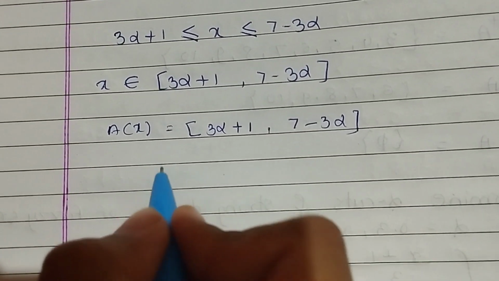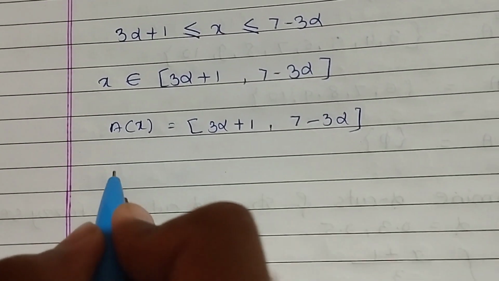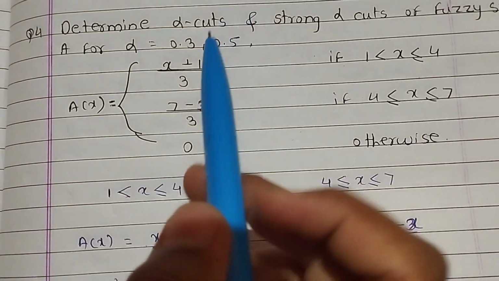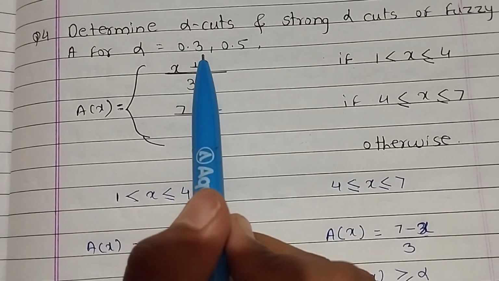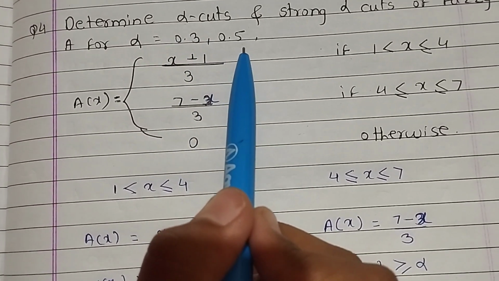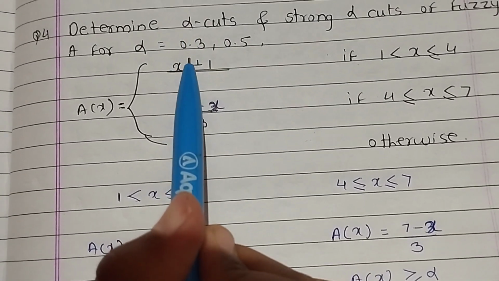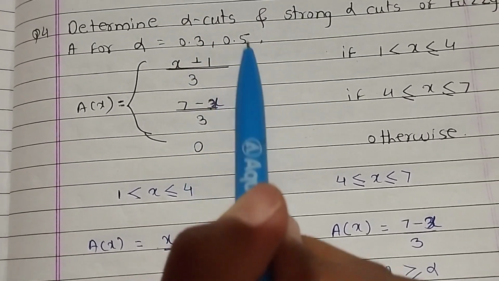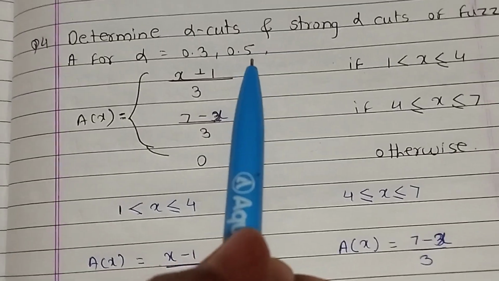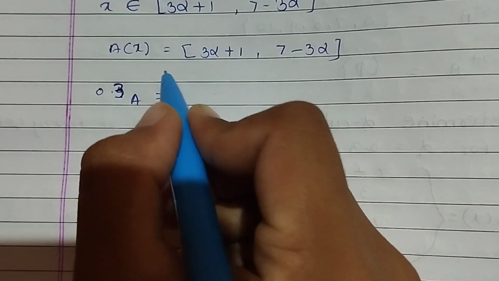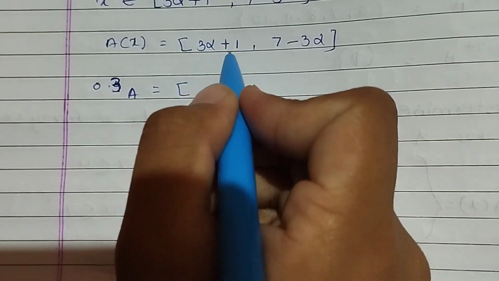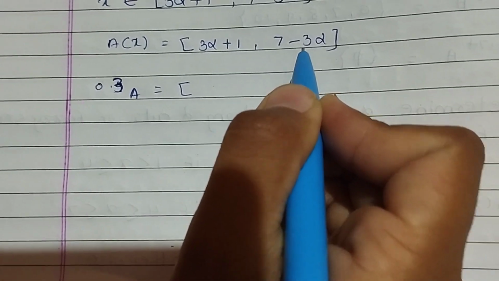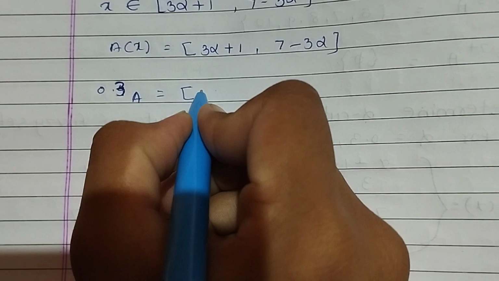Now we know the values of alpha. In the question the first alpha value is 0.3 and the second one is 0.5. So we find out alpha cuts and strong alpha cuts for these two values. We have the range from 3 alpha plus 1 to 7 minus 3 alpha. So where is the alpha?